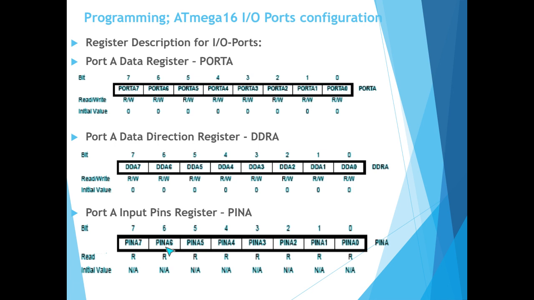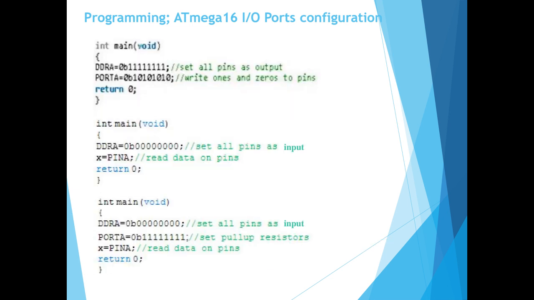This register, as we talked about, is read-only, and for reading data from this register, we need to have the DDRX register as input, or the bits of DDRA or DDRX as input. So it is the last slide.